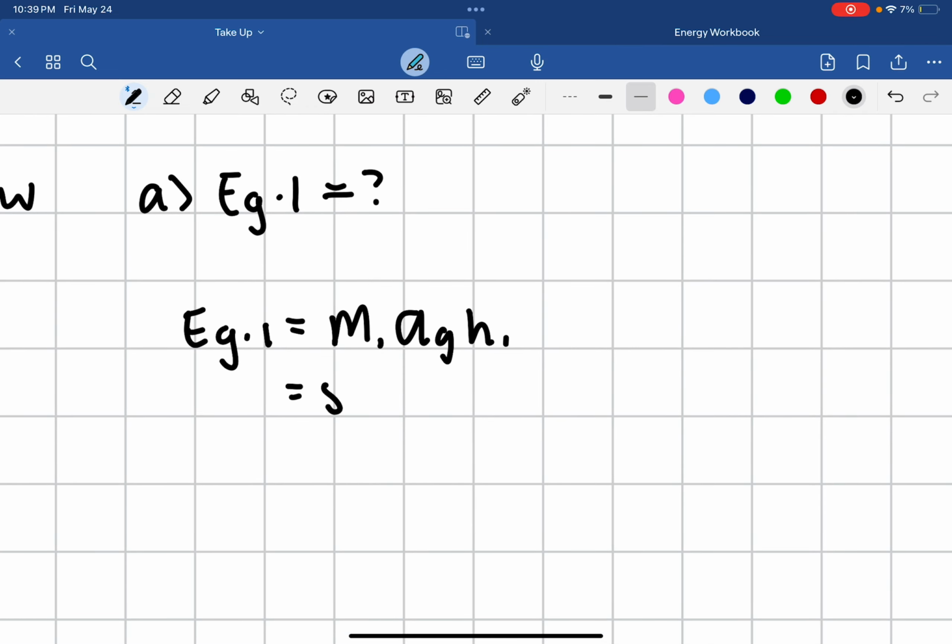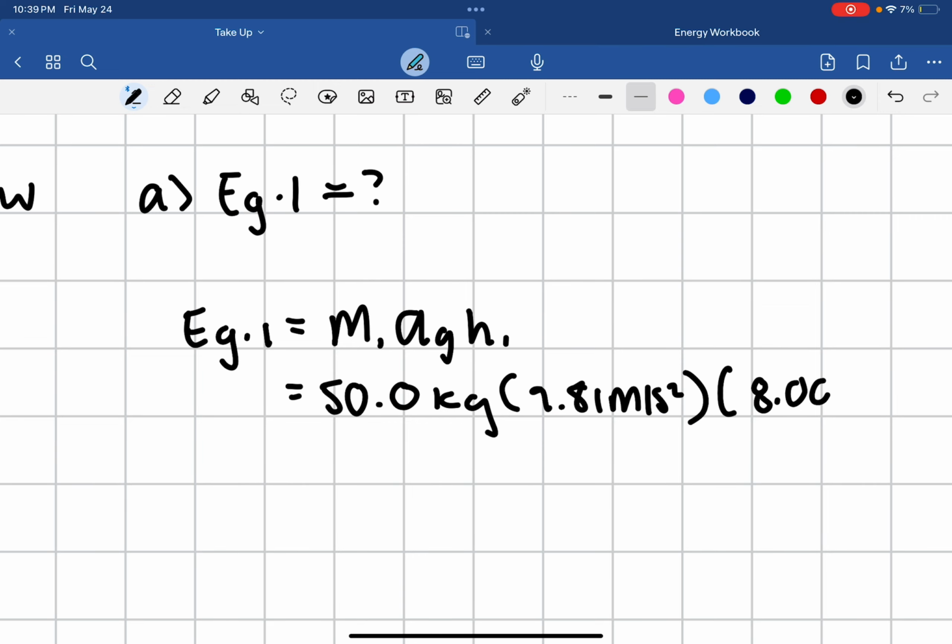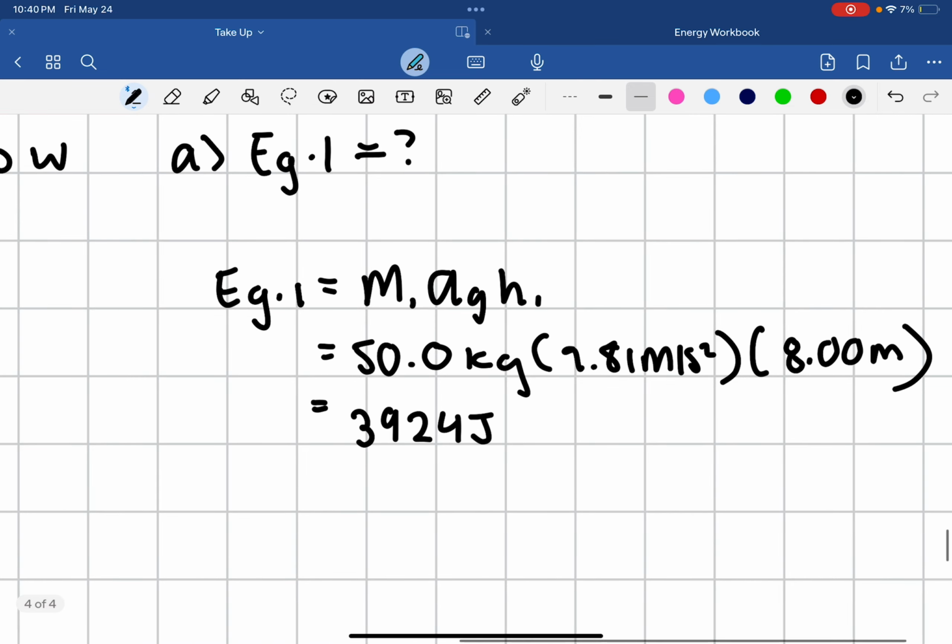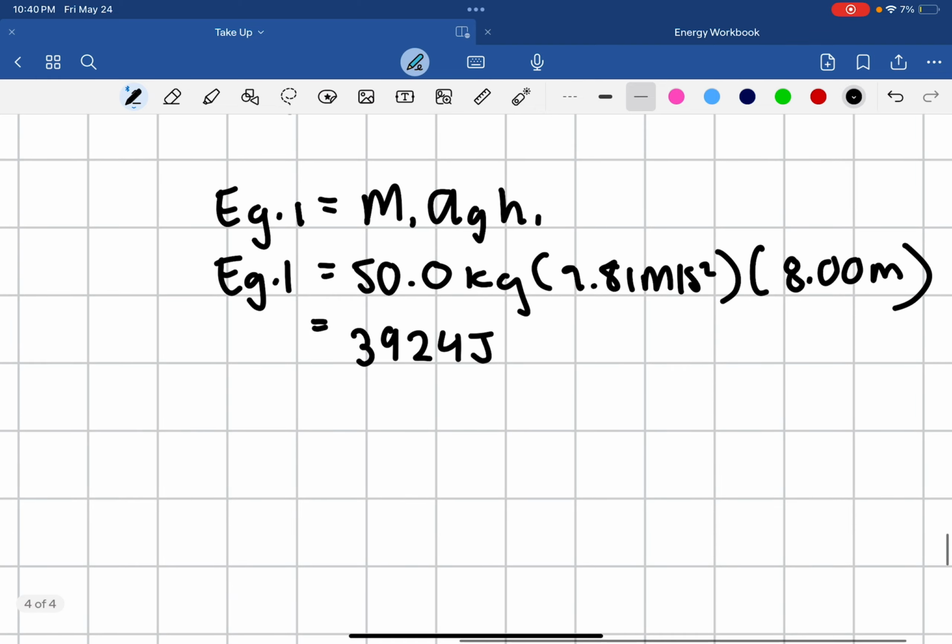So our mass is 50 kilograms times 9.81 meters per second squared times height. And that should give us precisely 3,924 joules. So that is the gravitational potential energy of the load.